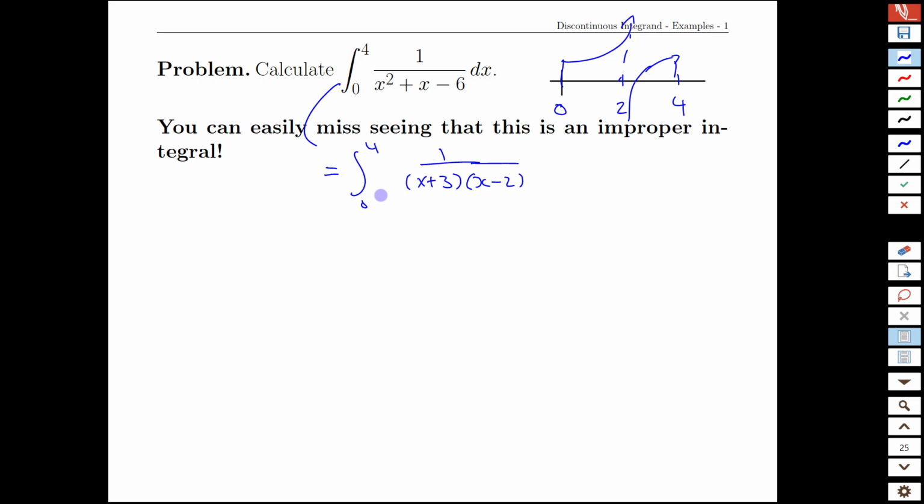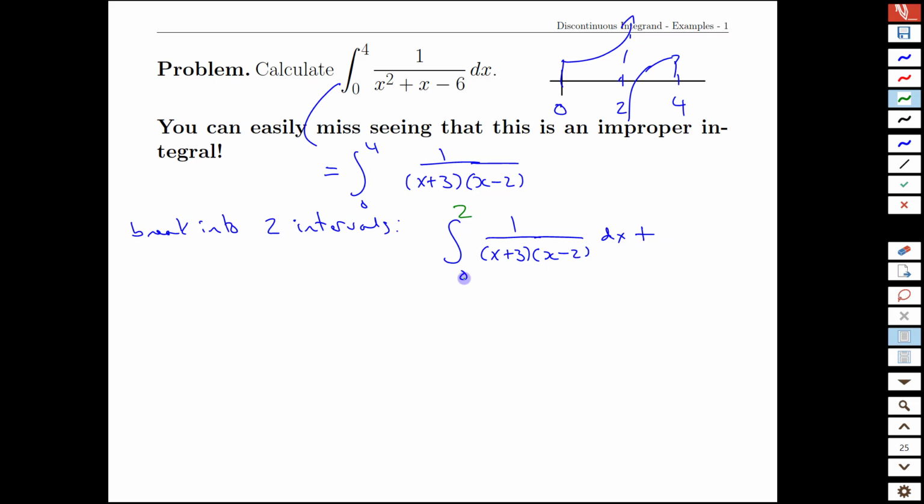So how do we do that? We're going to break it up into two intervals, and then we're going to evaluate each one separately. So we have two intervals, 0 to 2, 1 over x plus 3, x minus 2, and then add a little bit of color here.